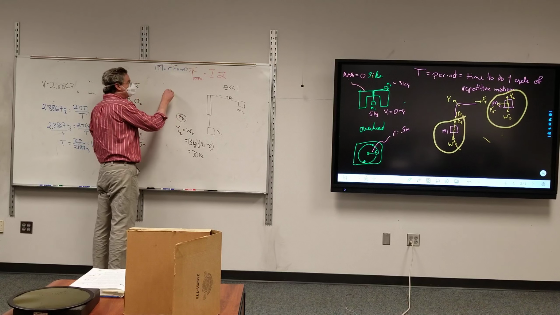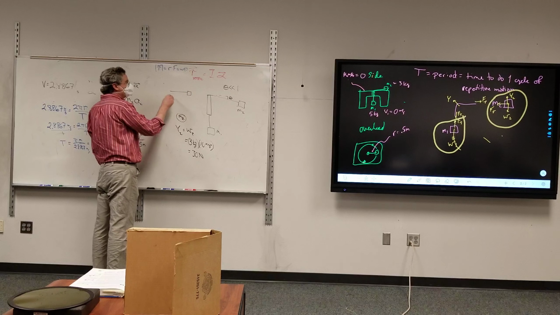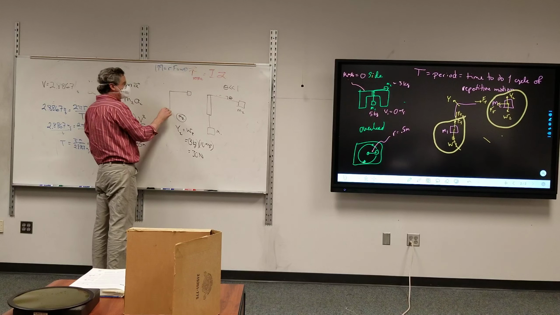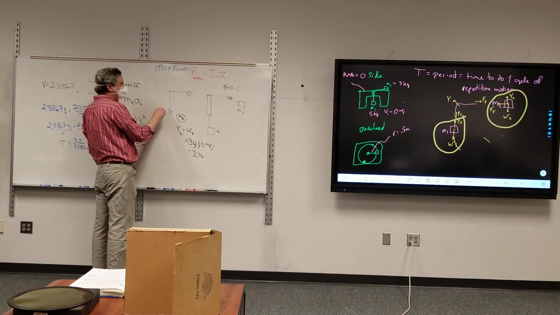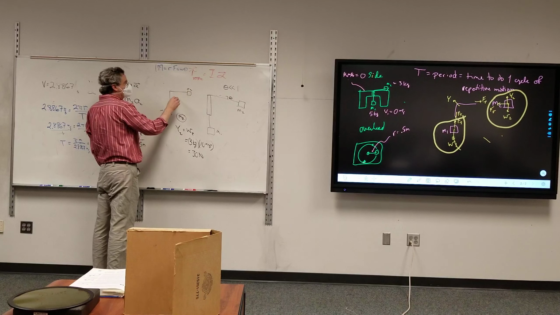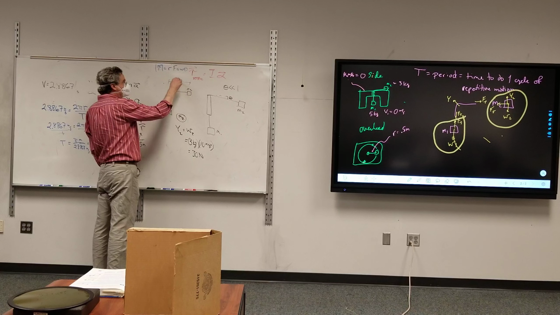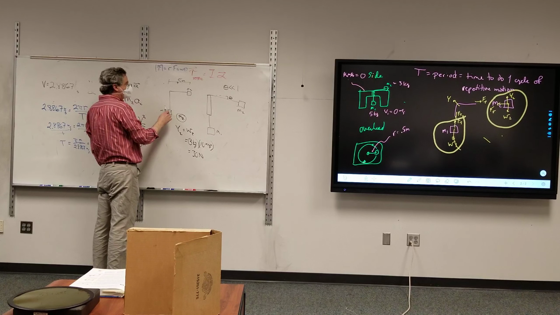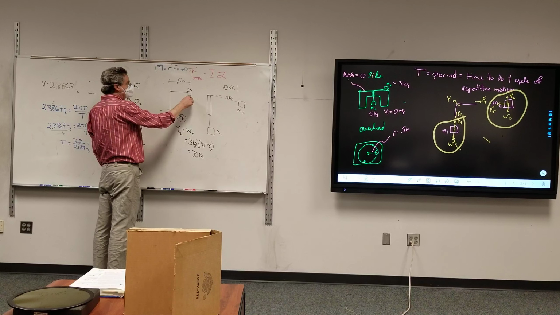Then we can treat it as if that part of the string is perpendicular to that part of the string. If this is a half meter here, this is 5 kilograms and this is 3 kilograms.